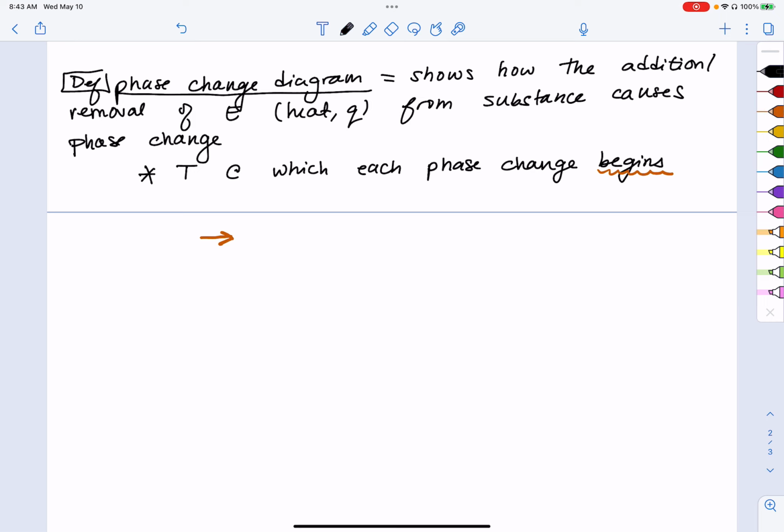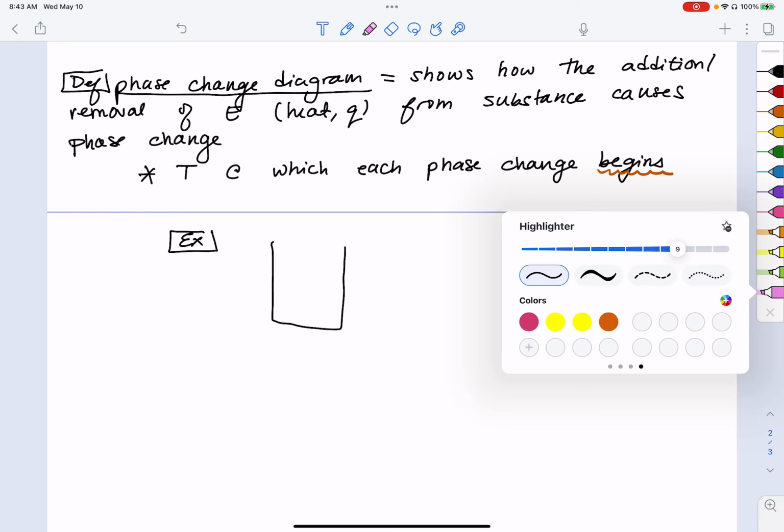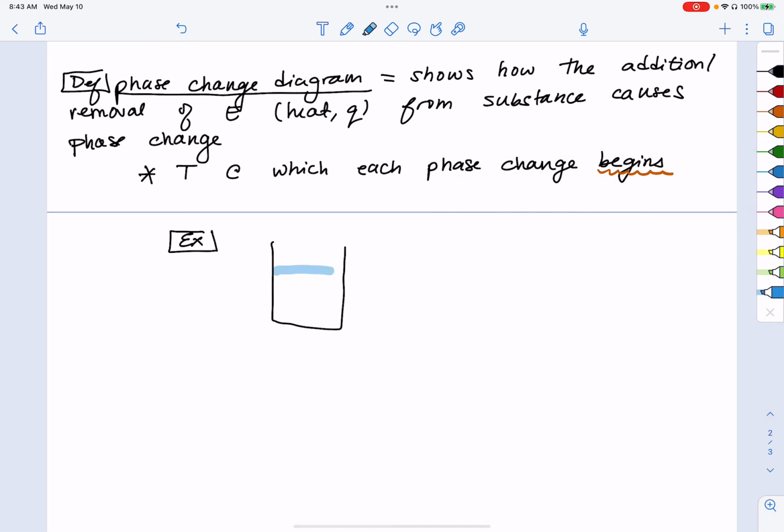So if I were to look at, let's say, the process of freezing water. If I had a sample of water that was liquid, and I removed heat from this in order to slow those water molecules down.